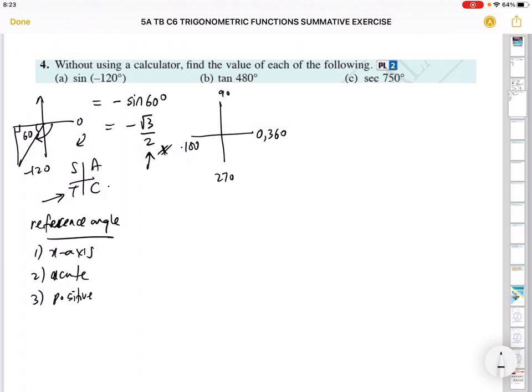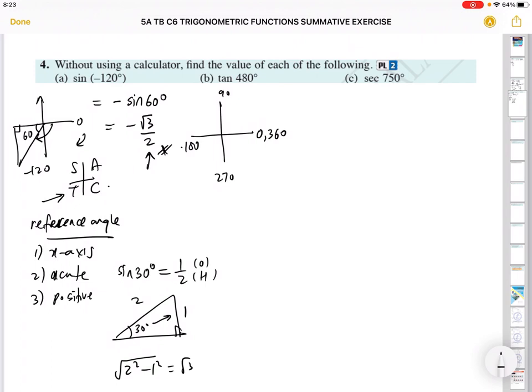So all these are extra stuff that you may find helpful, because if you type in your calculator sine 30, you get 0.5 or 1 over 2, right? I know this. I can draw a triangle out. I know this is 30. I know sine is opposite over hypotenuse. My hypotenuse is 2. My adjacent will be the square root of 2 squared minus 1 squared, which is root 3.